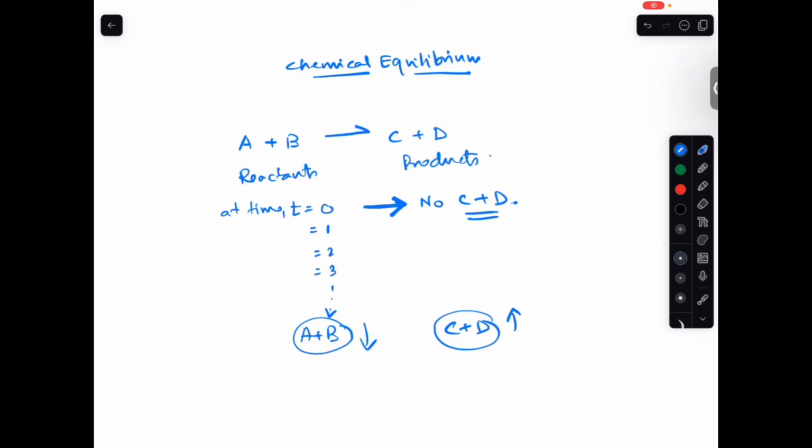Notice carefully, I drew a half arrow, okay? And then what's going to happen is, once the jar fills up, now, if you add any more beans to it, they're going to spill over. So what happens is the C and D are going to initiate a reverse reaction. So that process is going to begin, okay?